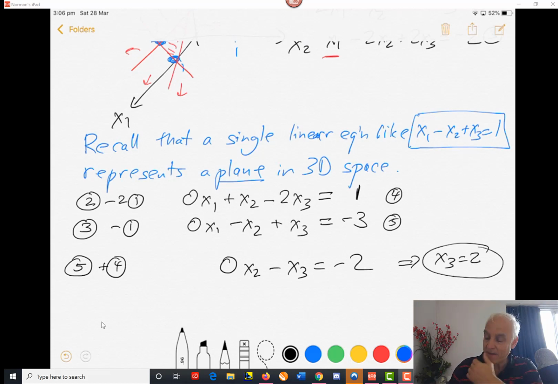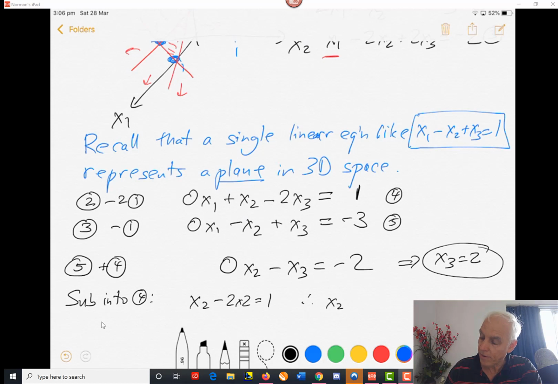And then we plug that back into equation 4 to get x2 minus 2 times 2 equals 1. So therefore x2 equals 1 plus 4, which would be 5.